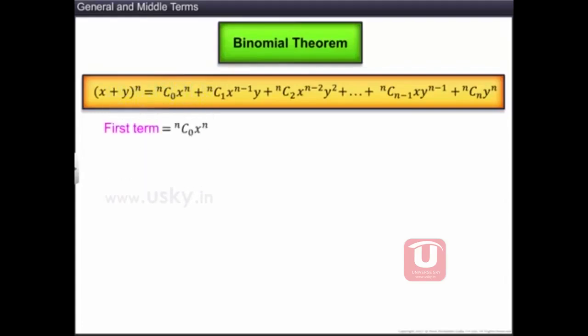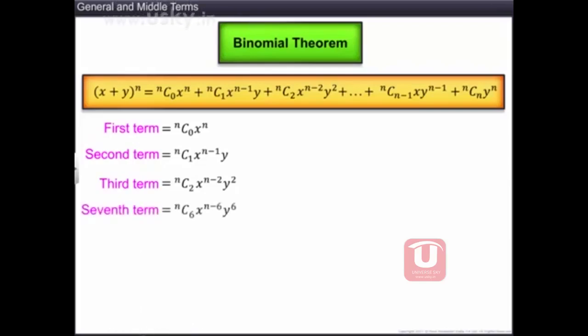The first term in the expansion is nC0 into x^n. The second term is nC1 into x^(n-1) into y, and so on, following the same pattern. Any required term in the expansion can be obtained.